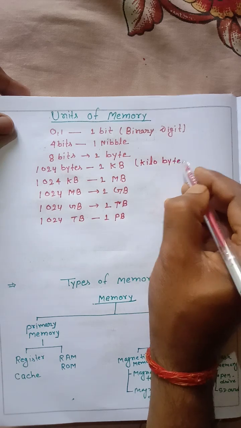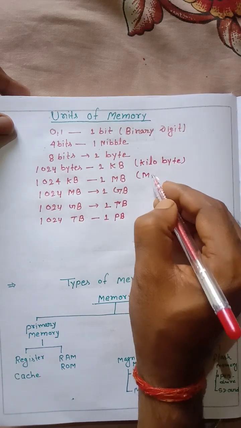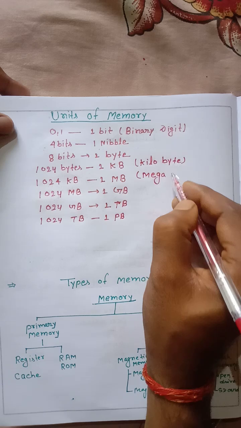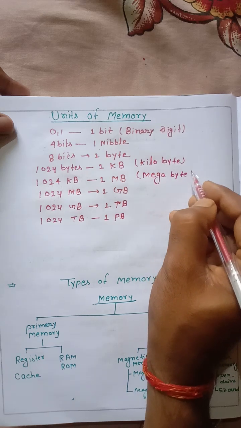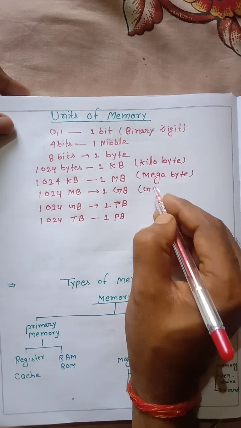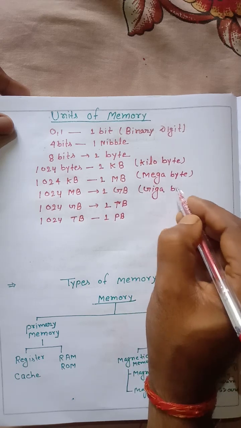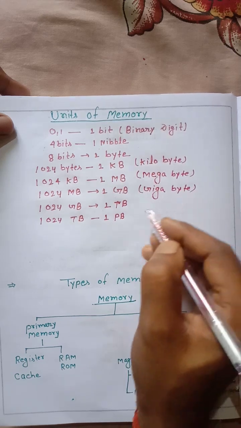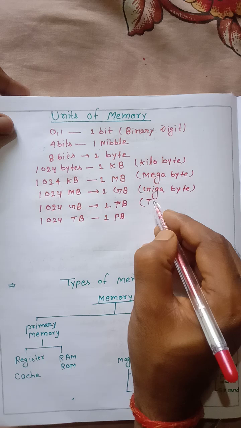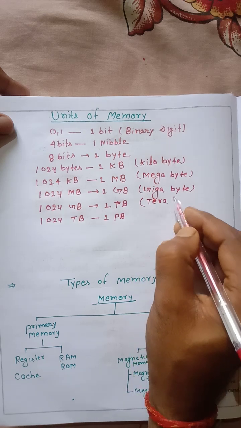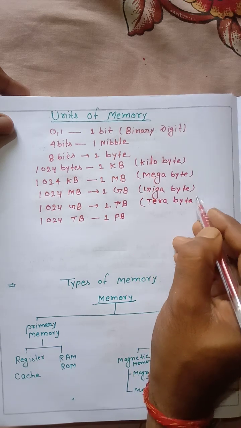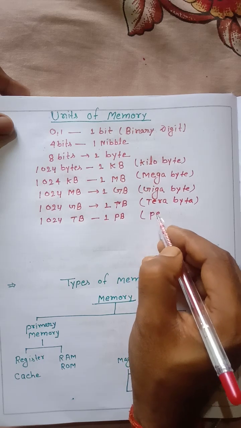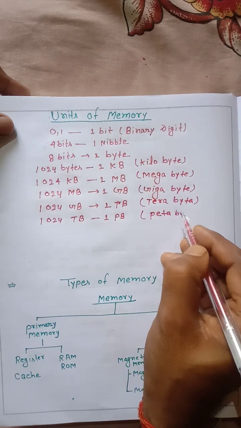Now, as you know the full forms, KB stands for kilobyte, MB stands for megabyte, GB stands for gigabyte, TB stands for terabyte, PB stands for petabyte.